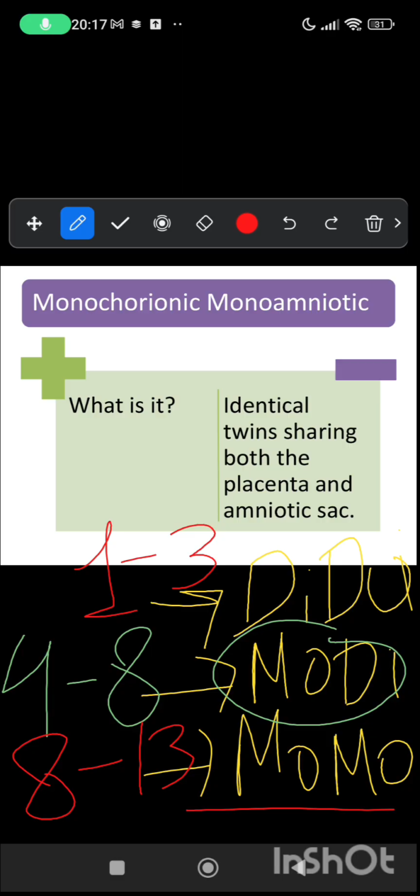So it's like now the kitchen is the same. The placenta is one, and both babies are living in the same room because there is one amniotic sac. So there is no wall in between. There is no dividing membrane.